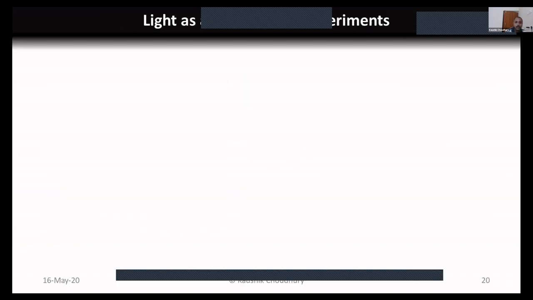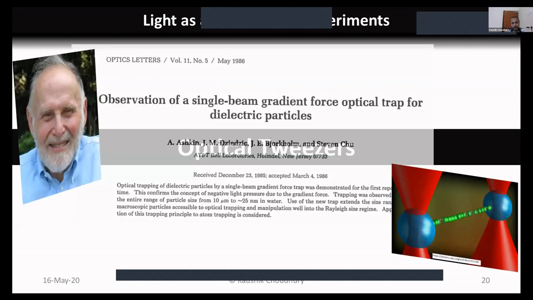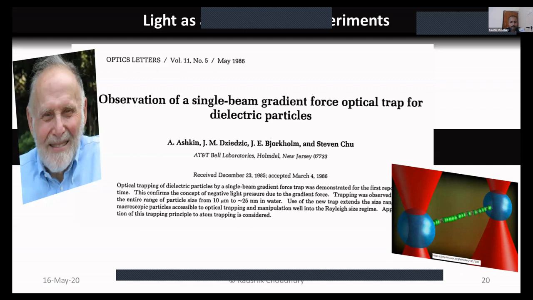Now, this was about how we use light as a tool. There are experiments where light is an enabler of the experiment, like the optical tweezer. As Professor Ghatak talked about in the last presentation, the man behind the optical tweezer was Professor Arthur Ashkin, who was awarded the Nobel Prize in 2018, and he enabled us to handle small biological entities and small dielectric particles using the force of light.